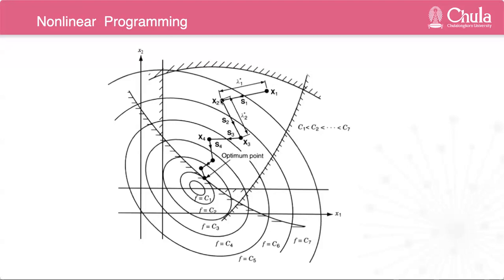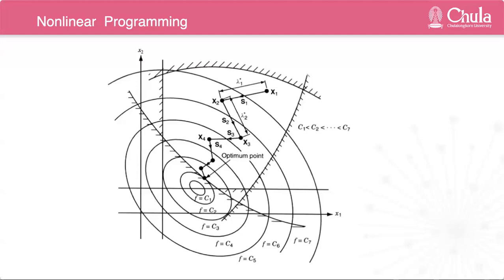Again, once we reach this point, we find a direction, let's say this direction, and we follow it for a certain length. We reach x3, a new point, and then you find again the direction and the step size until you reach the new point. You repeat it until you reach the point where you cannot improve the objective function anymore, then it's the stopping criteria.